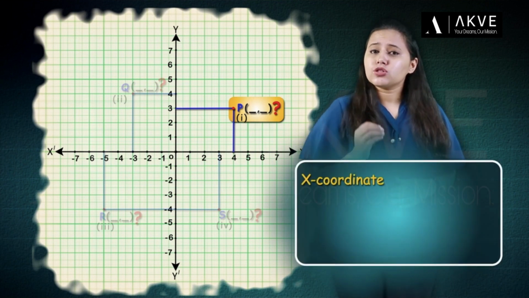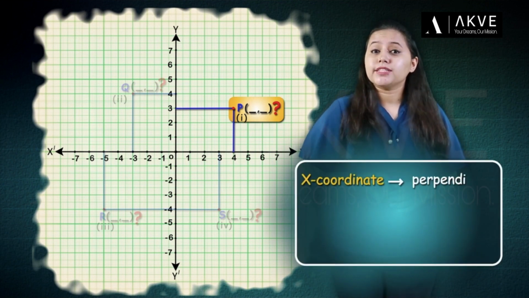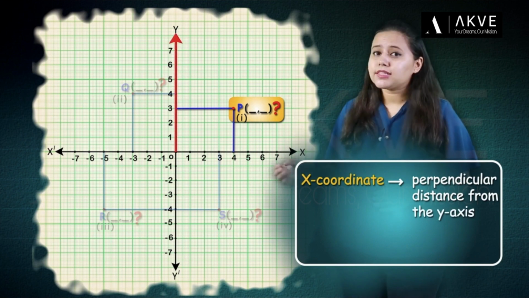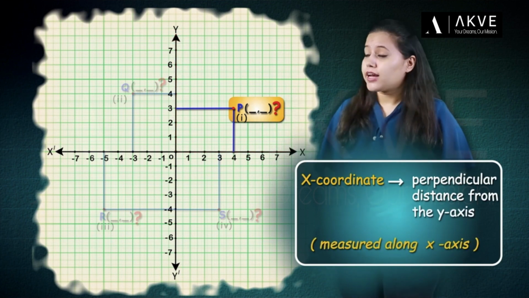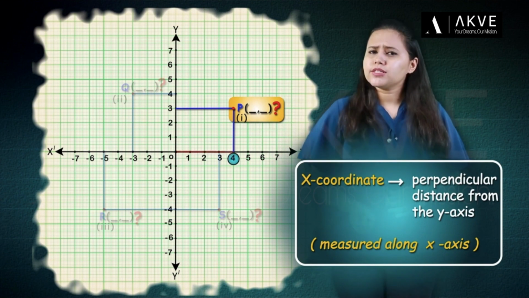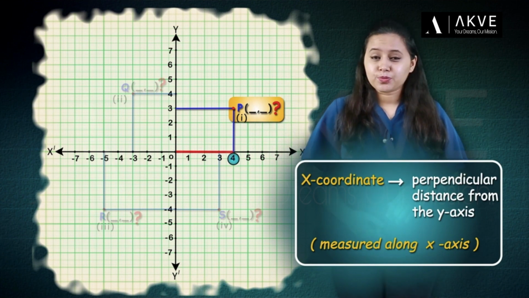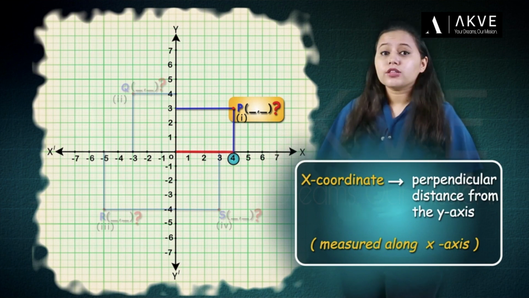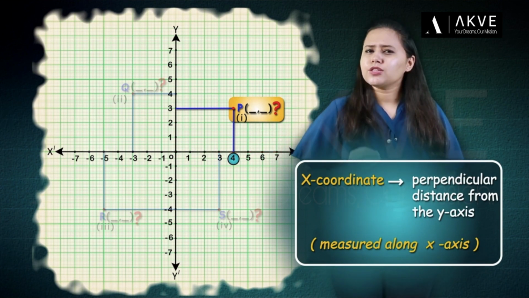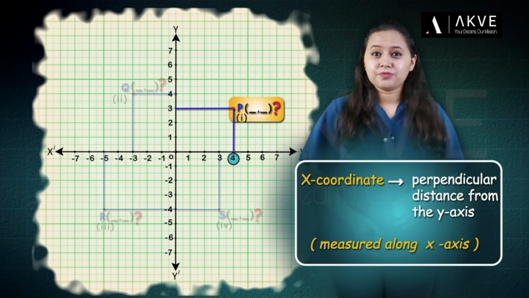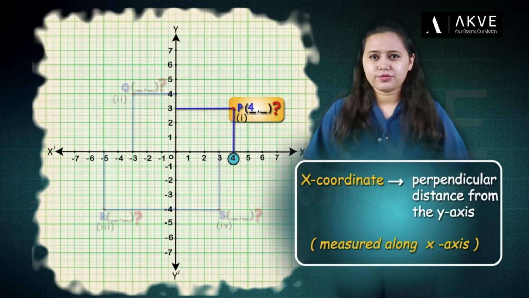Remember that the x-coordinate of a point is its perpendicular distance from the y-axis measured along the x-axis. Here we can see that point P is 4 units away from the y-axis. Also, it is along the positive direction of the x-axis. So, the x-coordinate is taken to be positive, that is +4.